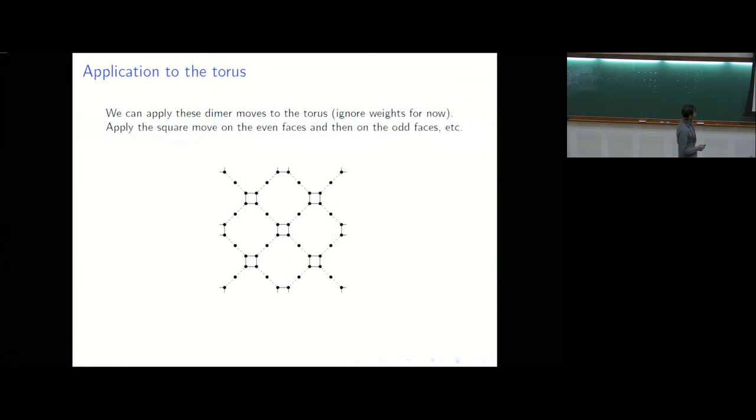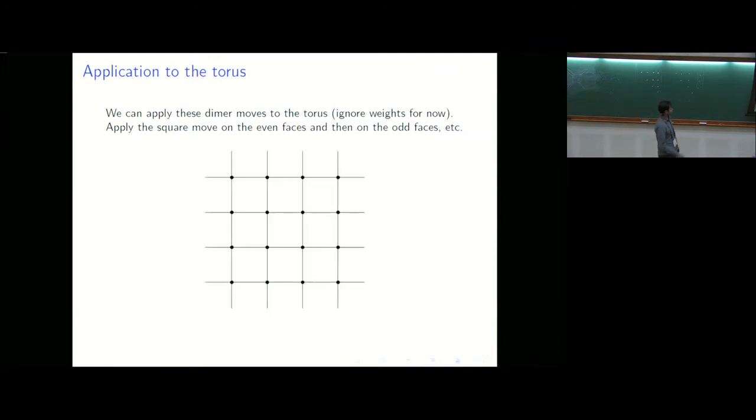And now we've got these vertices here, which are incident to two edges. So we can do the last thing, which is edge contraction, right? If we do edge contraction, we get the square grid again. Okay? So that's quite good. So we've got a dynamics where we can run this on the even faces first, then the odd faces second, then the even faces, and then the odd faces.